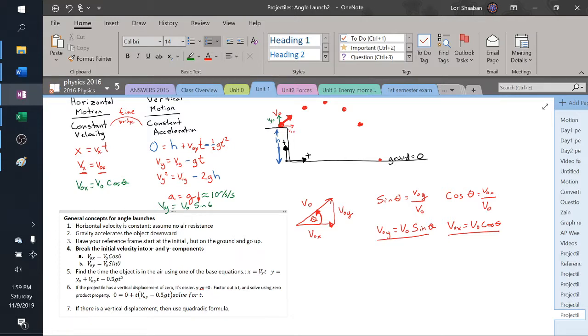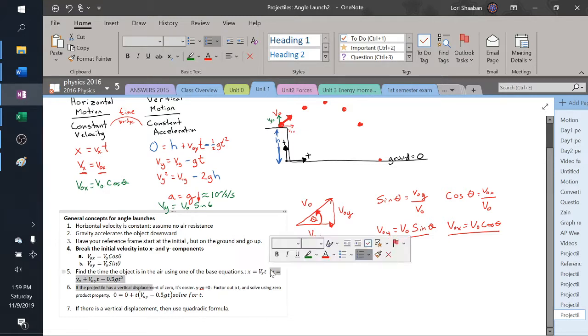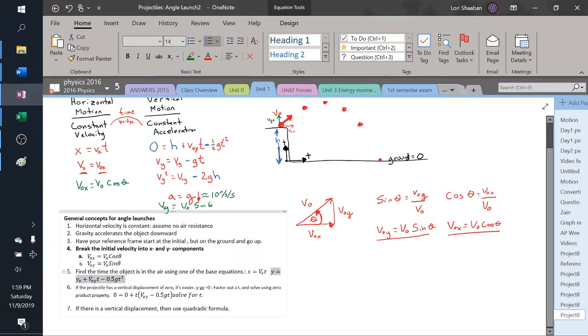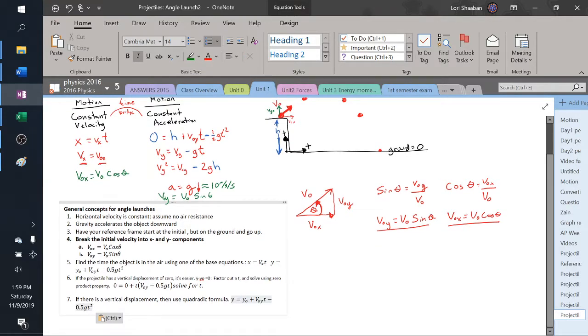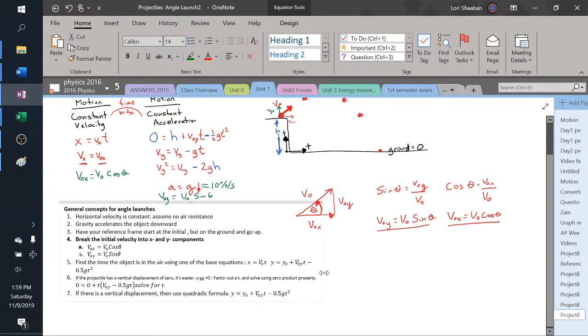What's going on? We have this t, these t squareds, we have a whole bunch of things in here. So let's go ahead and have this equation that we had originally. Trying to write it most general in here, that's why I'm not using the h's. I'm just using the y's and y naughts, okay? So in that case, let's take a look at what the quadratic formula is.